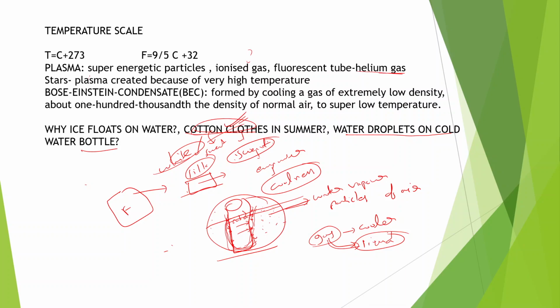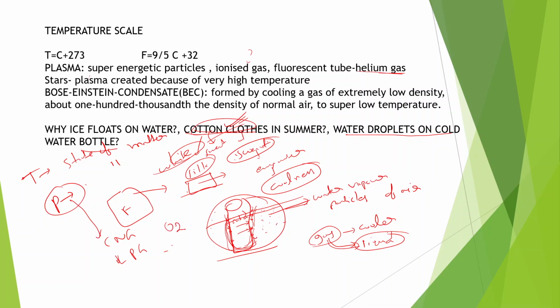And from this we can say that not only temperature can change the state of matter, but pressure also can change the state of matter. Suppose in CNG and in liquefied petroleum gas, we are using pressure to change the state of matter.